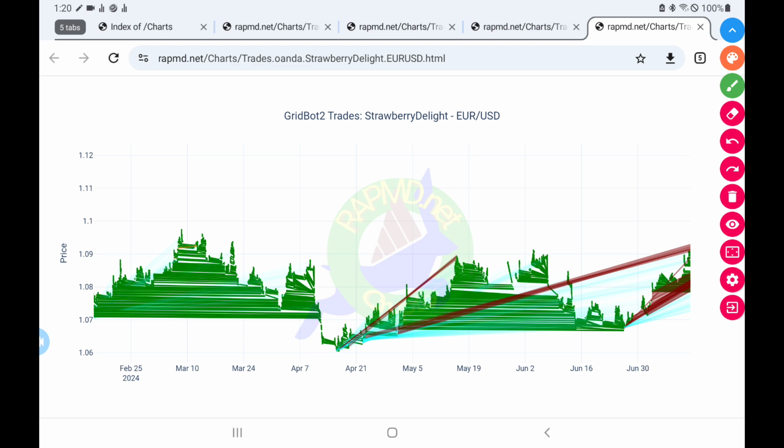And one of the biggest questions that always comes up, that I'm always asked: how do you know when it's time to move from a demo account to a live money account? And that answer is very simple. When you are ready to accept losing every single penny you have invested, then you're ready to move to a live account.